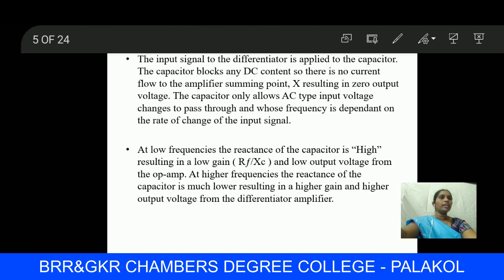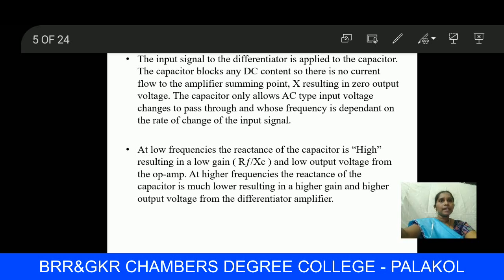So therefore the resulting output voltage is 0. The capacitor blocks the DC voltage. Therefore there is no voltage at the summing point. So therefore the output voltage is also 0.